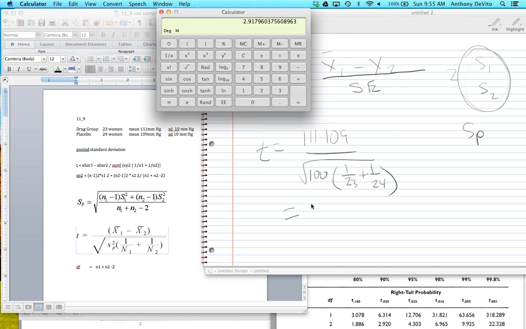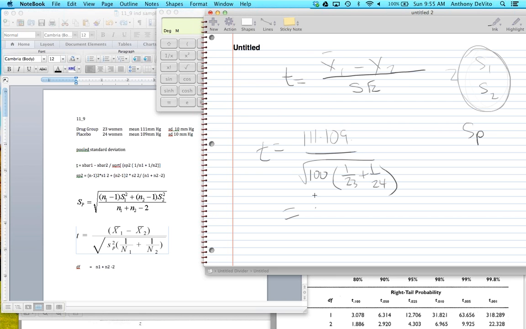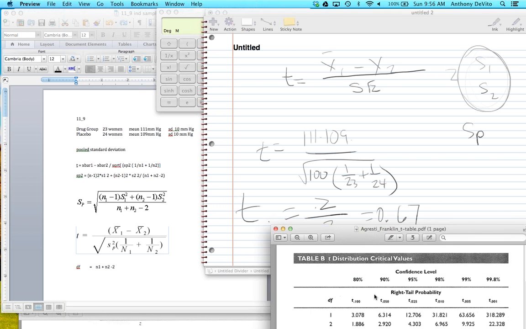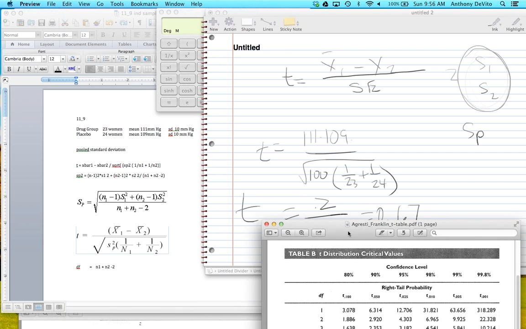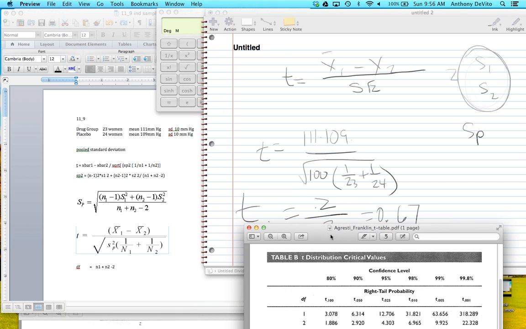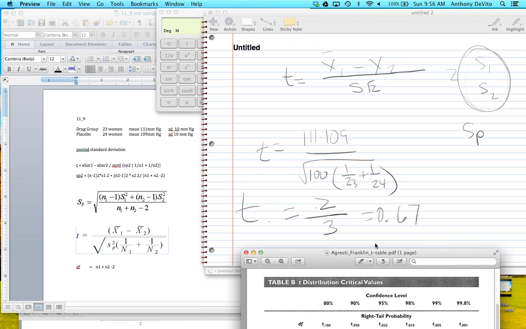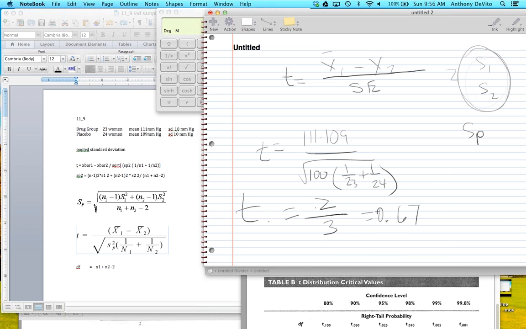So my t value is going to be equal to approximately 2 divided by 3. Okay, so that comes out to be 0.66 or 0.67. So my t-score is 0.67. I really don't even have to go there. I know I have not exceeded the critical value that I need to reject the null hypothesis. Now what sample size do I use?